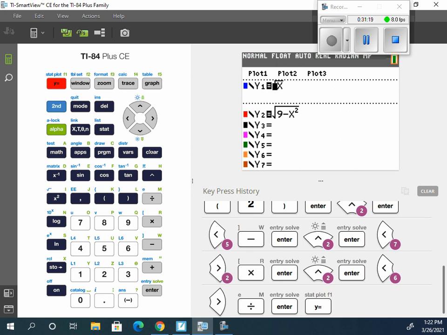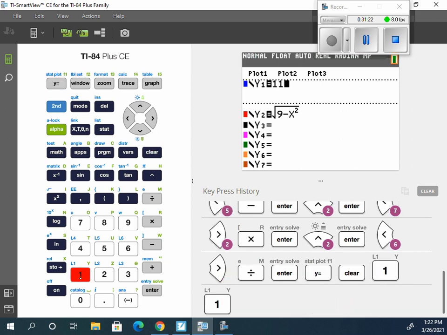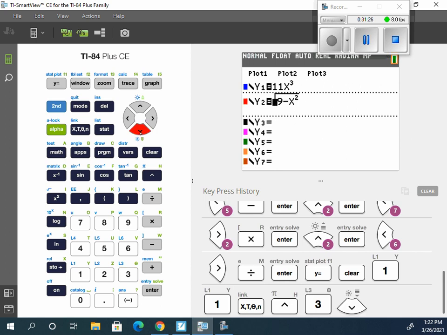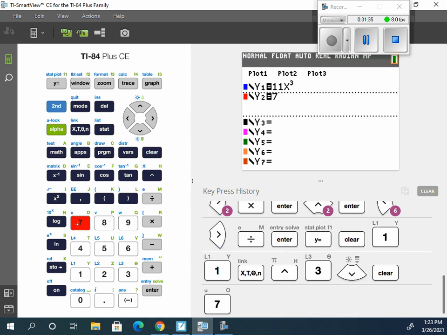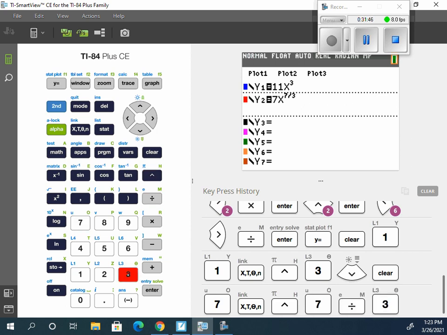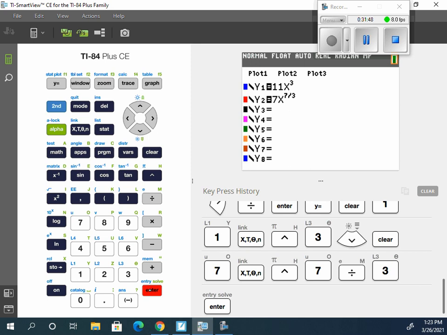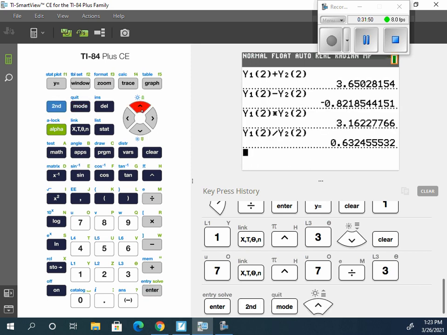Now, let's see here. I think we had 11x to the third. And then we had, I think I'm flipping those. Oh yeah, then we had 7x to the 7 divided by 3. Because that was our 2 functions. So I can quit.